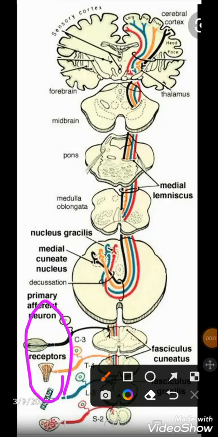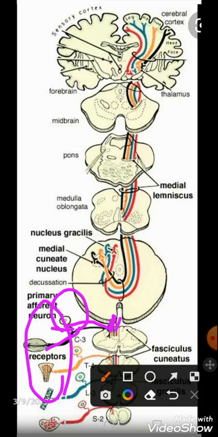In this picture, we are supposed to learn that there are so many receptors, either exteroceptors or interoceptors. They get sensory information, and via primary afferent neurons it is taken towards the dorsal root ganglion having the neurons, and their central processes move towards the dorsal white column, making the fasciculus gracilis and fasciculus cuneatus.